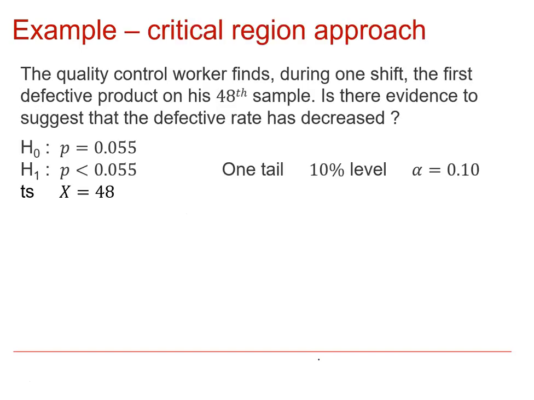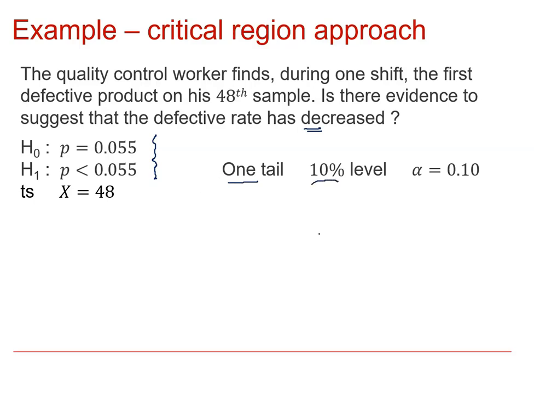In this part of the video we're going to be looking at the critical region approach to carrying out the hypothesis test procedure. If you recall, our hypotheses were that p was equal to 5.5% or had decreased, so it was less than 5.5%. So we had a one-tail test.